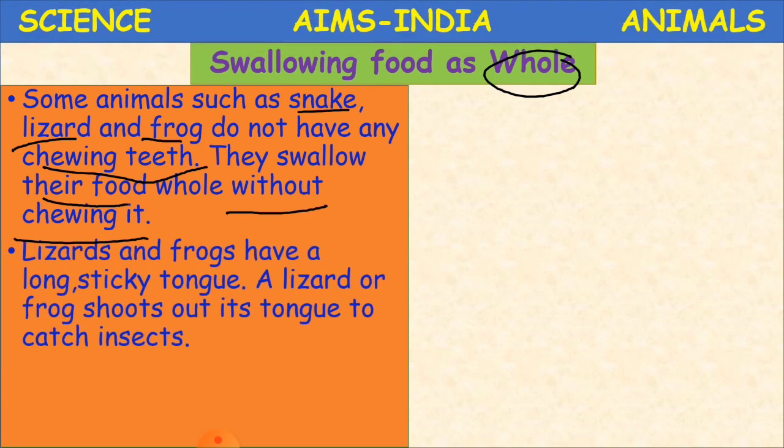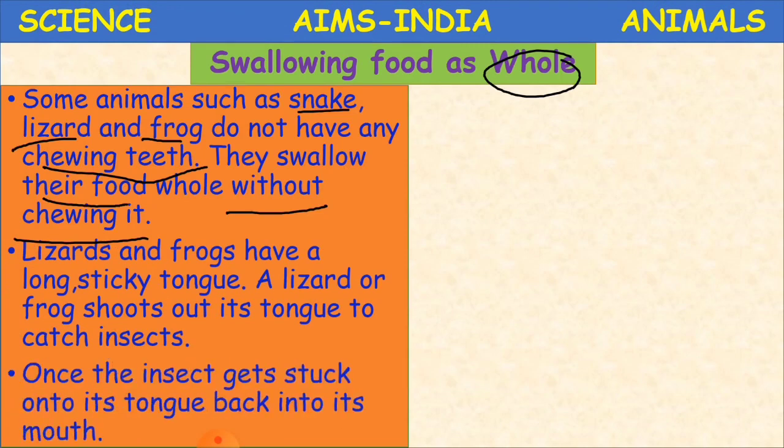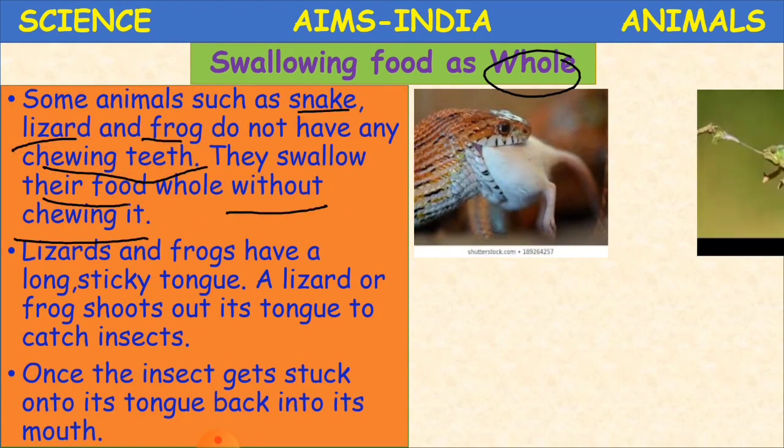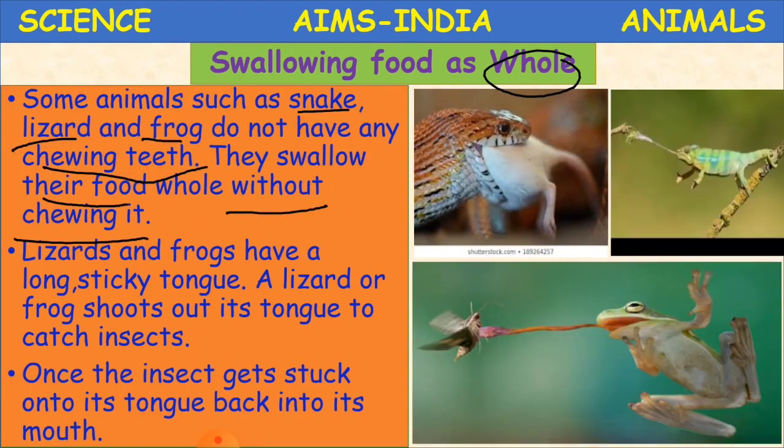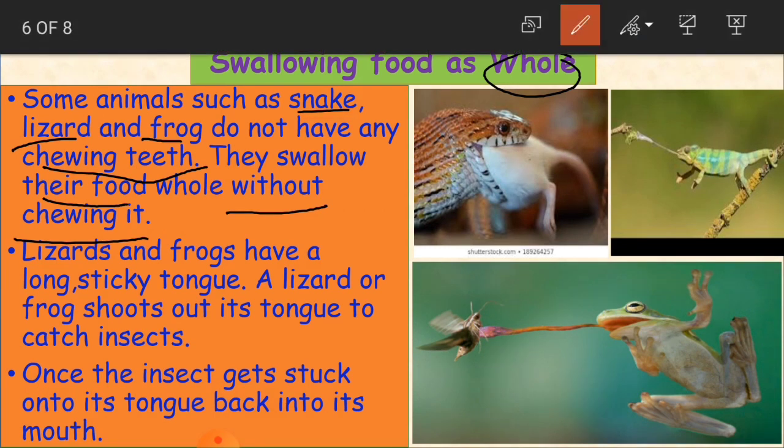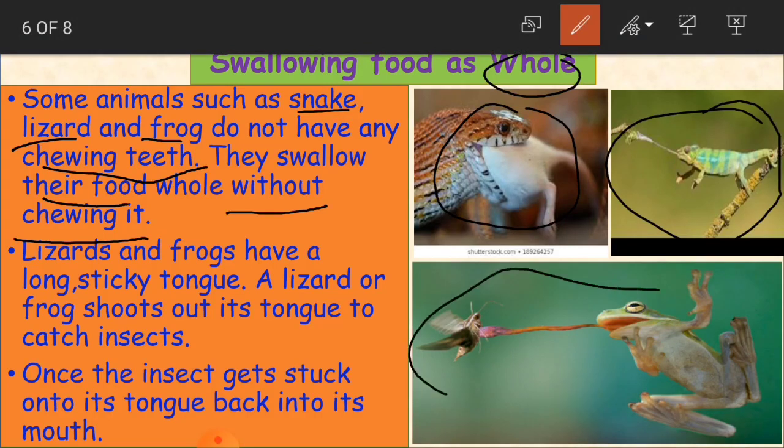Lizards and frogs have a long sticky tongue. A frog shoots out its tongue to catch insects. See here, children, you can very clearly observe in the pictures how these animals swallow the food.